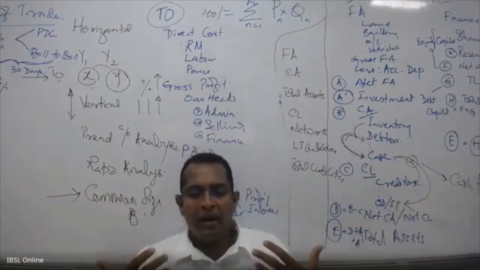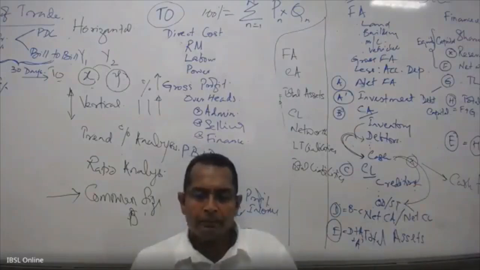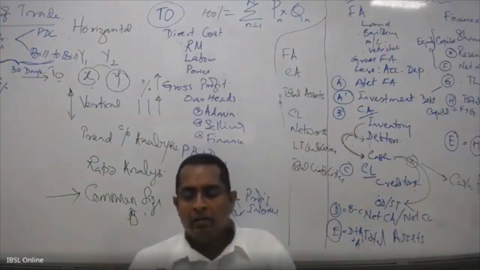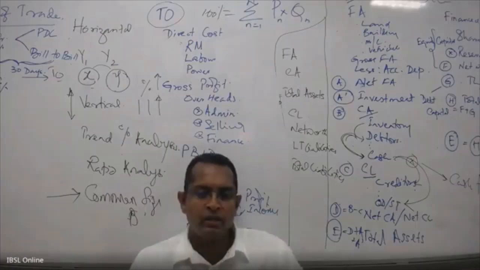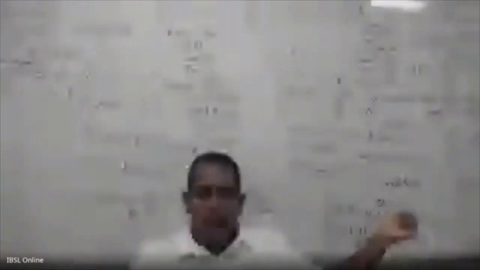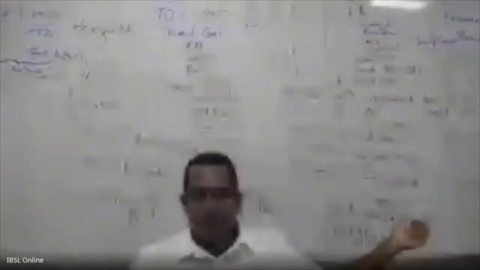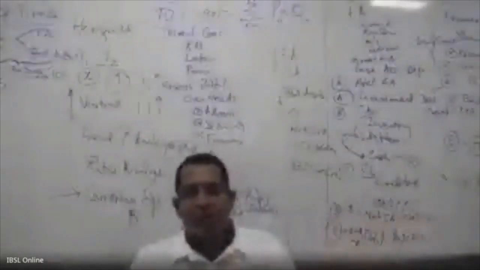You are buying raw material, but if you pay cash, it is 100 rupees a kilo. If you are taking a credit, it is 125. Then no point buying that. You better use your cash, use your finance, short-term financing, because rates are low.